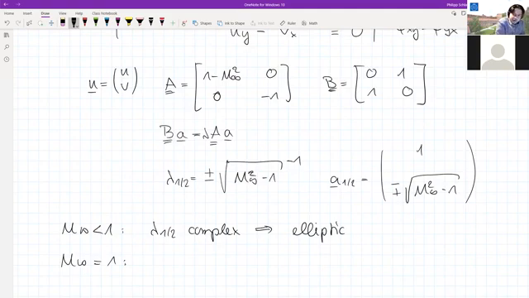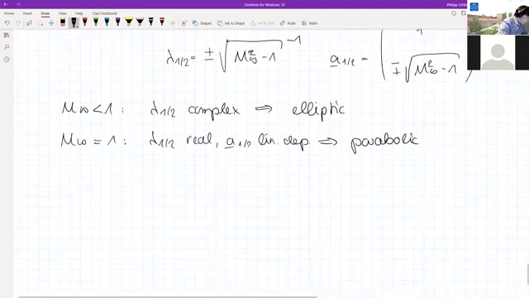Having a 0 here essentially just means that you get a vertical slope here. And for the eigenvector, it means again that you will get a 0, and that you have two linearly dependent eigenvectors. So what you get is lambda 1, 2 are real, but a1, 2 are linearly dependent. And that means I'll get a parabolic problem.